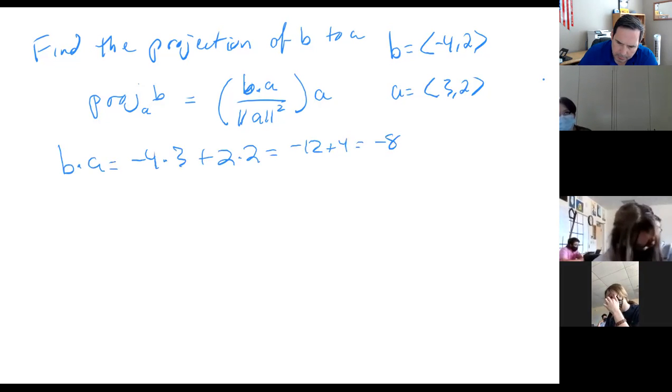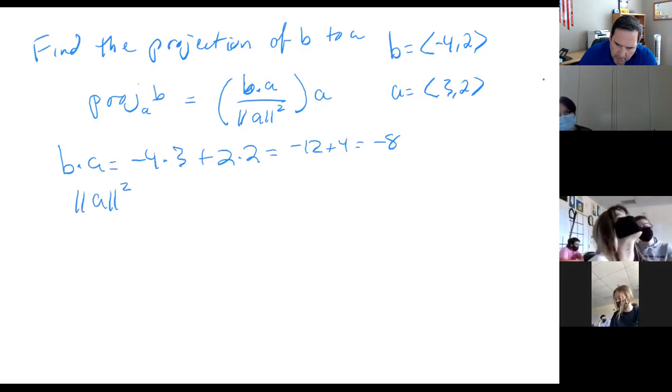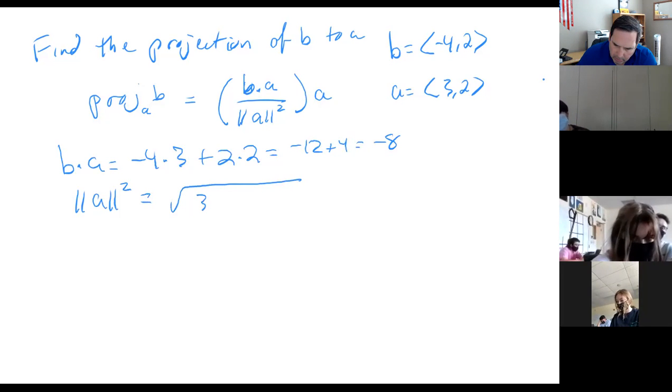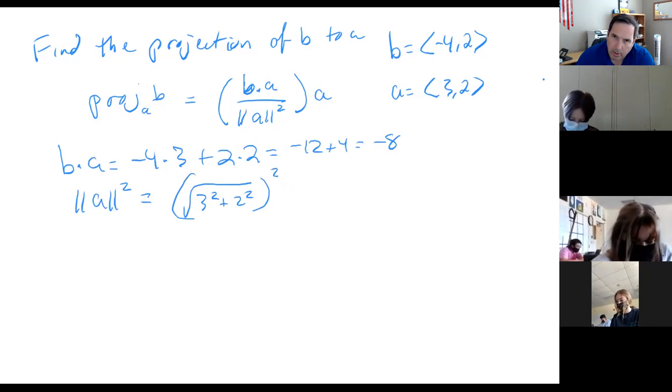So that's our numerator. Then the magnitude of A squared: we take the square root of 3 squared plus 2 squared, and we square that amount, so the squaring undoes the square root. 3 squared is 9, 2 squared is 4, 9 plus 4 is 13. So the magnitude of A squared is 13.